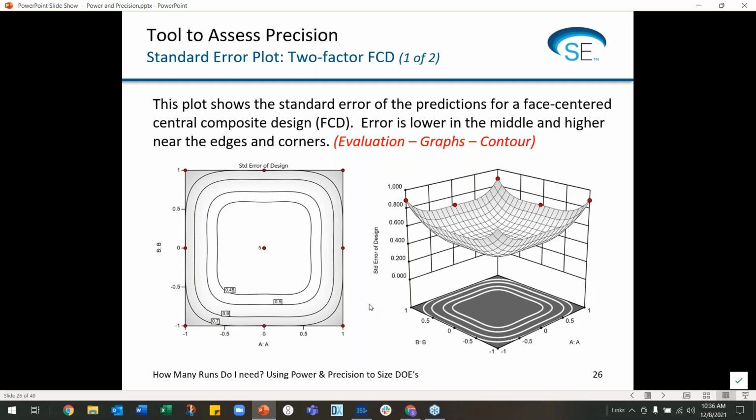So rather than having to look at the standard error in all those different dimensions, we're going to take this new graph called the fraction of design space, and we're going to use that to accumulate and tell us how much of the design space is covered, can estimate to 0.45, how much can estimate to 0.5, to 0.6, 0.7.